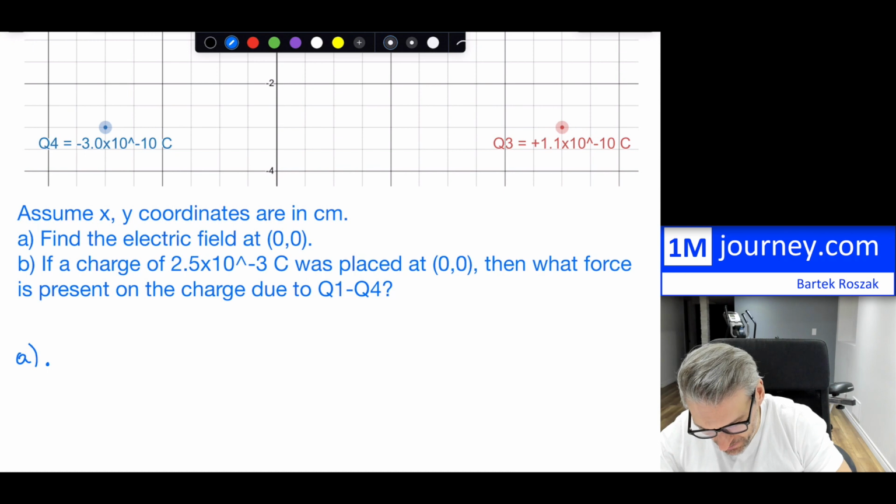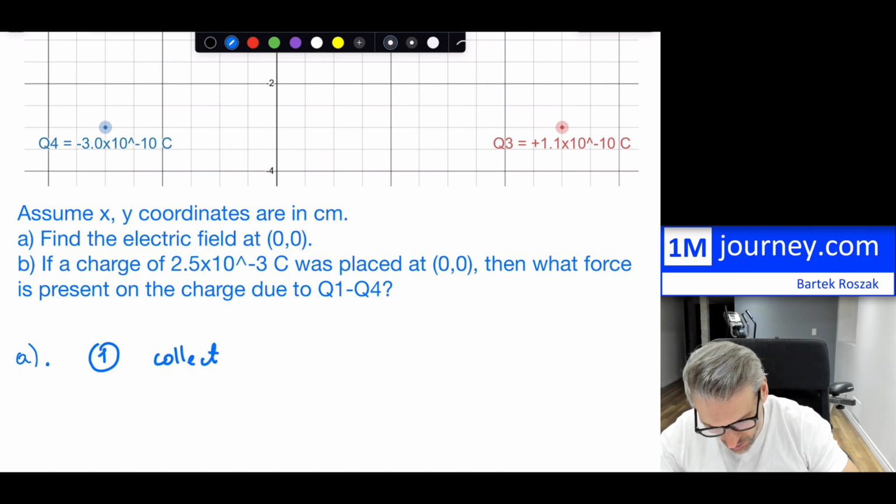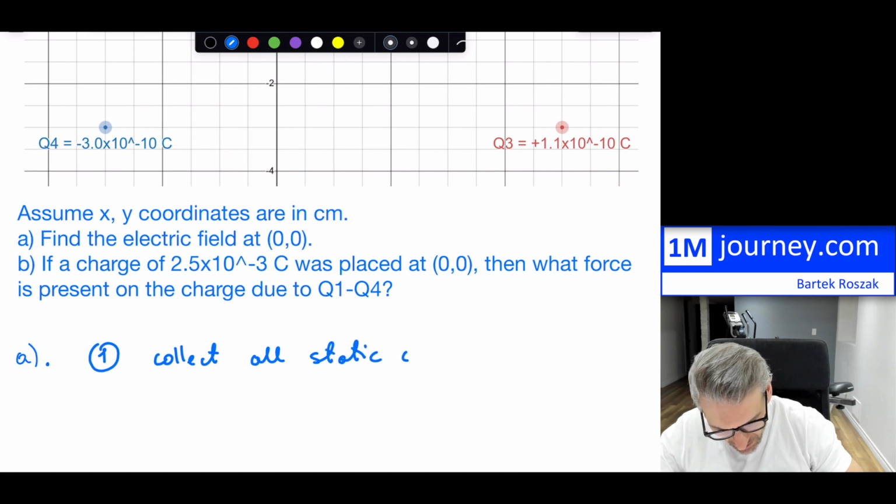So this is step number 1: collect all the static charges that you have, so that you know which ones you have and how many. In our case, they're already listed, so we have Q1 all the way down to Q4.